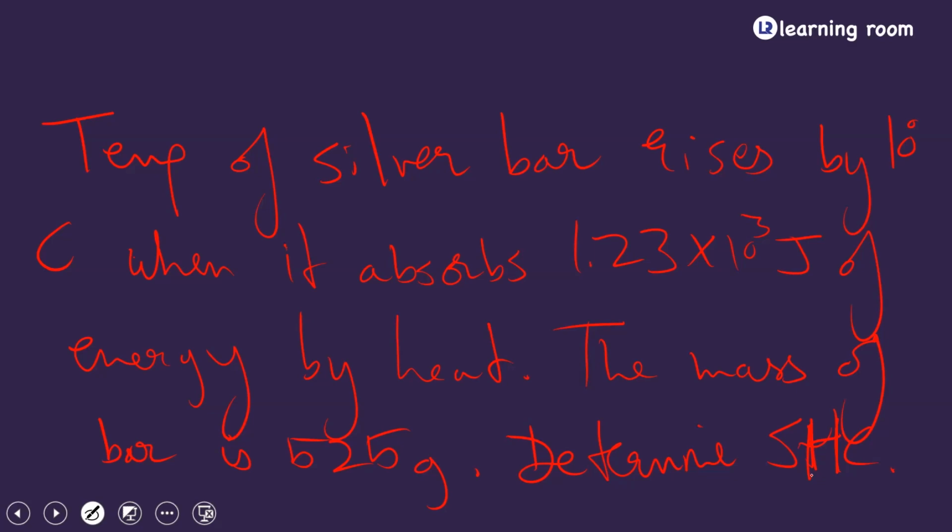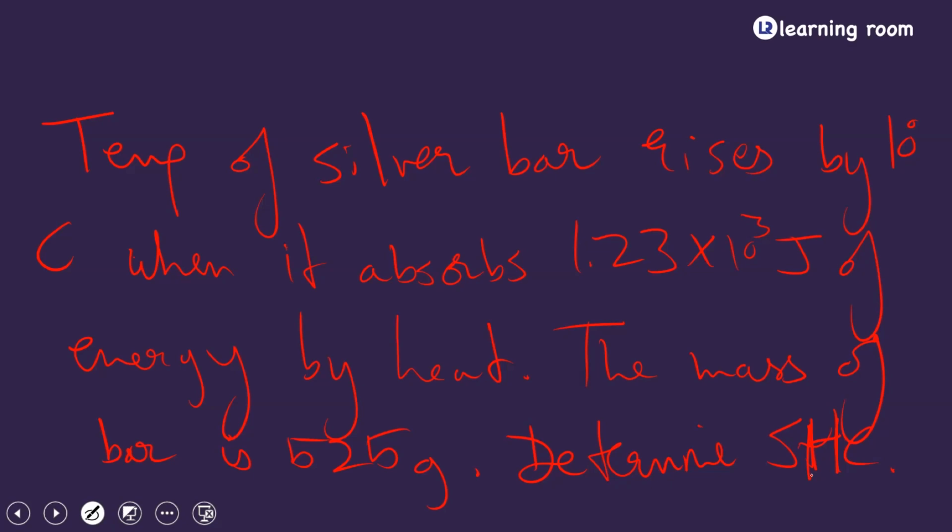So your theta 2 is final temperature, theta 1 is initial temperature. Or you can write it as T2 minus T1 also, it's the same thing. But in the question you are given, what is the first line? The temperature of a silver bar rises by 10.